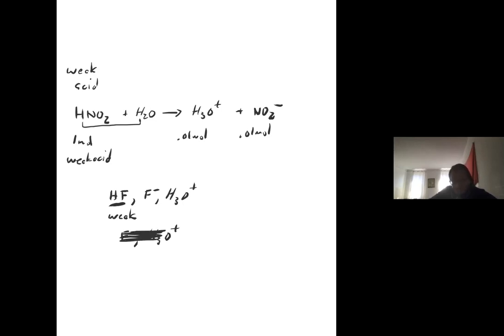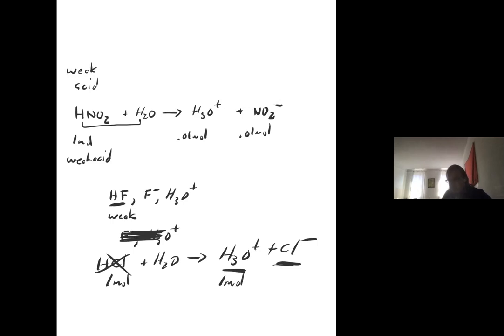So HCl, for example, if you put that into water, you get H3O plus and Cl minus. So the only species you're going to have in the water are the products. You're not going to have this in the product because it's strong. Why? Because if you put a mole of this in, you get 1 mole of this out. So there's none of this left over.